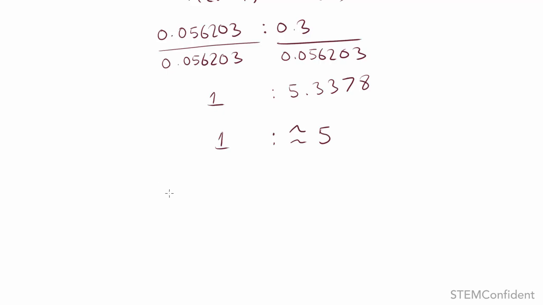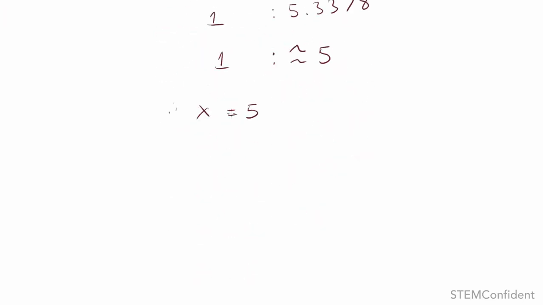And so therefore x is equal to 5, right? And if x is equal to 5, then we can say the formula is CuSO4 dot 5H2O, right?